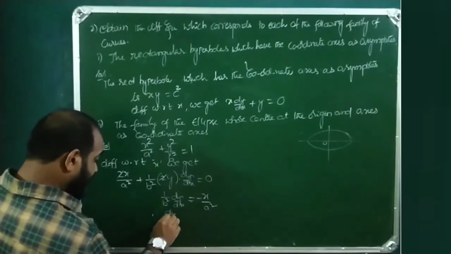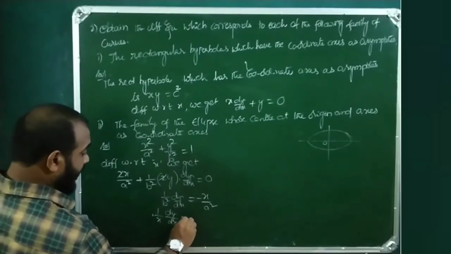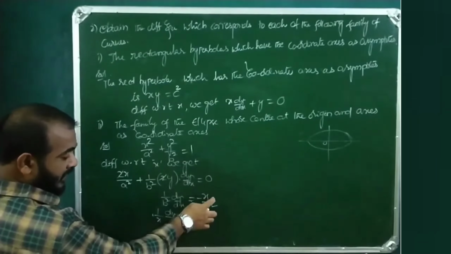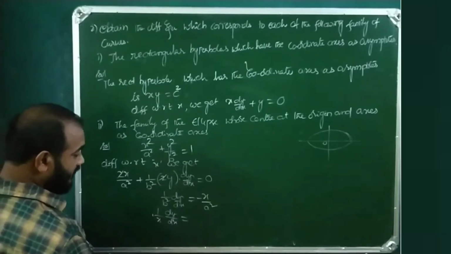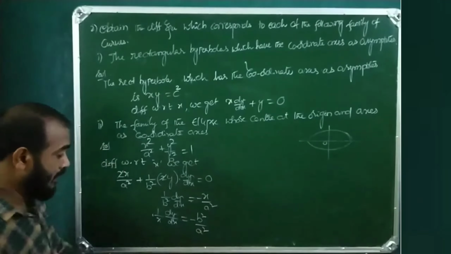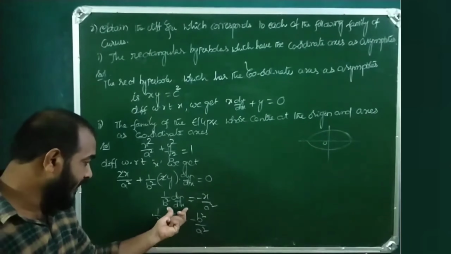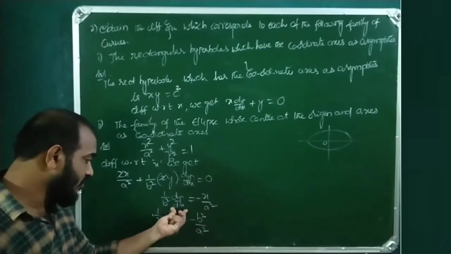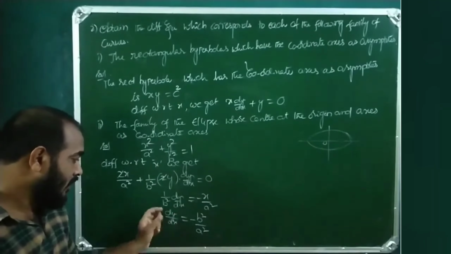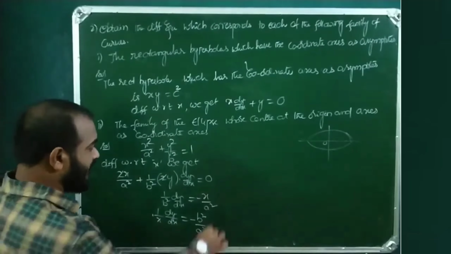Therefore 1 by x dy by dx equals minus b square by a square. If you transpose x onto this side as 1 by x, and 1 by b square to that side, this is minus b square by a square.